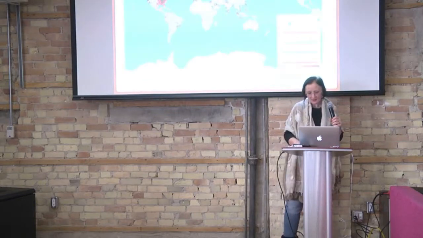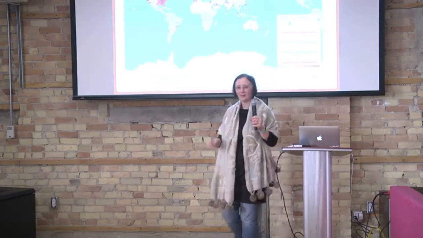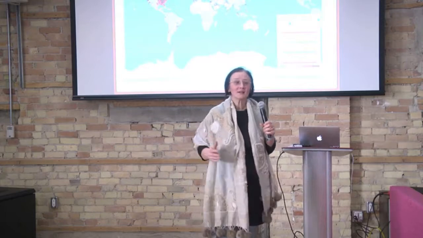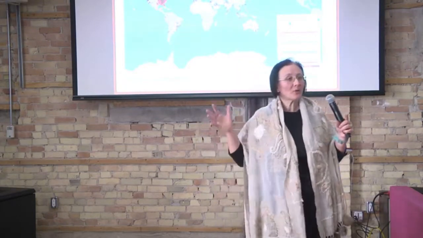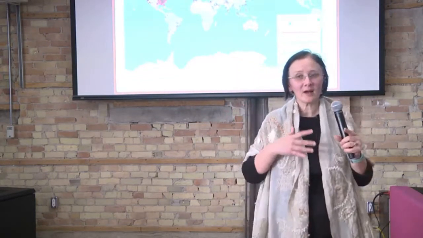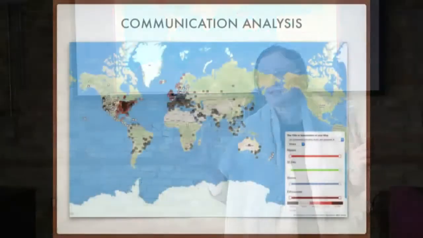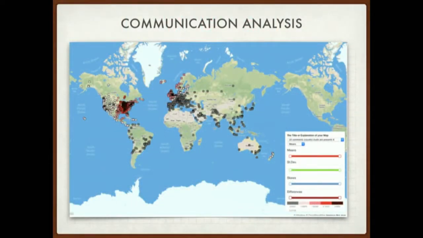Besides this, I'll show you an example of how you can analyze the communication. Although all examples I'm giving here are at the international level, they can be used also at the level of the cities.